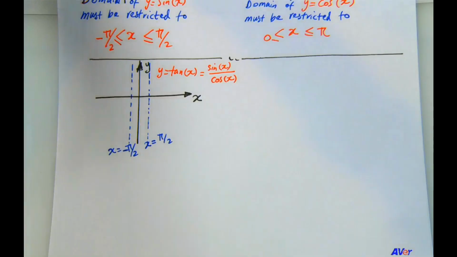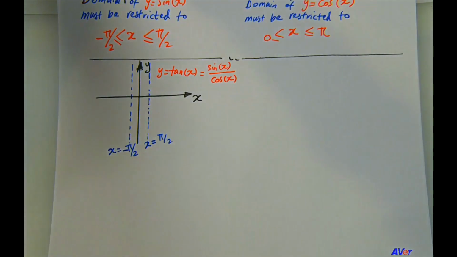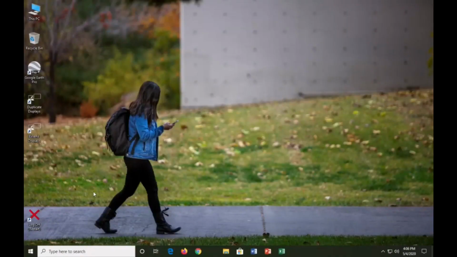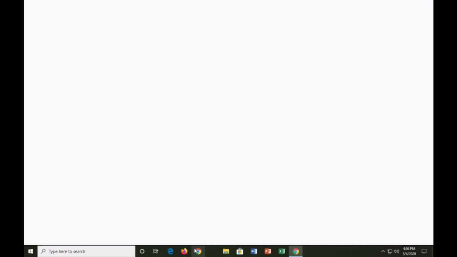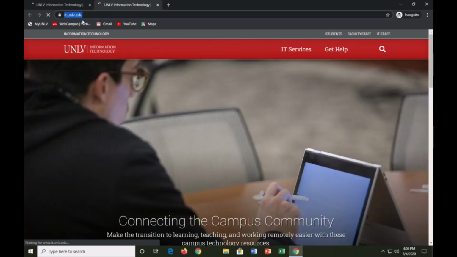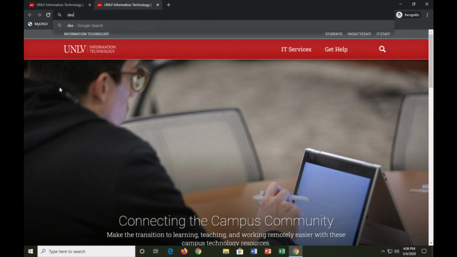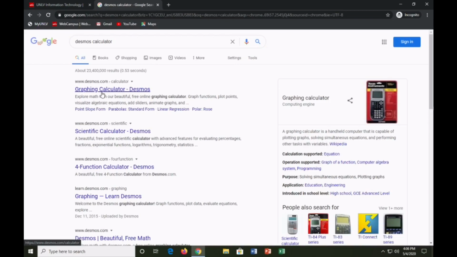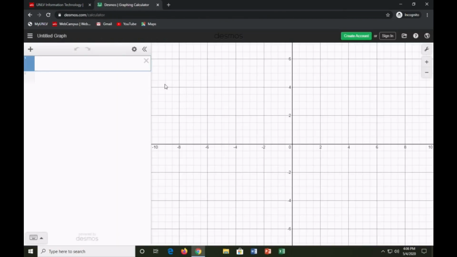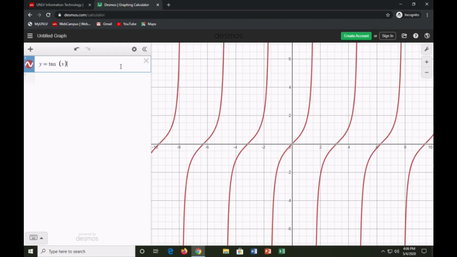So for 1 second, I'm going to switch to this computer. So the Desmos calculator, we're going to have y equals tangent of x.